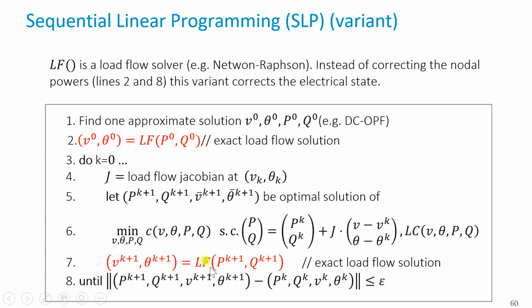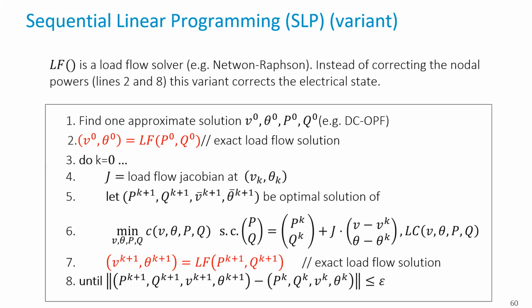Inside this block called LF, I will do iterations with the same J matrix, by the way, that will be computed. In fact, one way to obtain the J matrix is to ask the Newton-Raphson solver to give me the J matrix, right? So step 4 can be given as a byproduct of load flow step number 7. So yes, there is similarity, but there's more complexity.